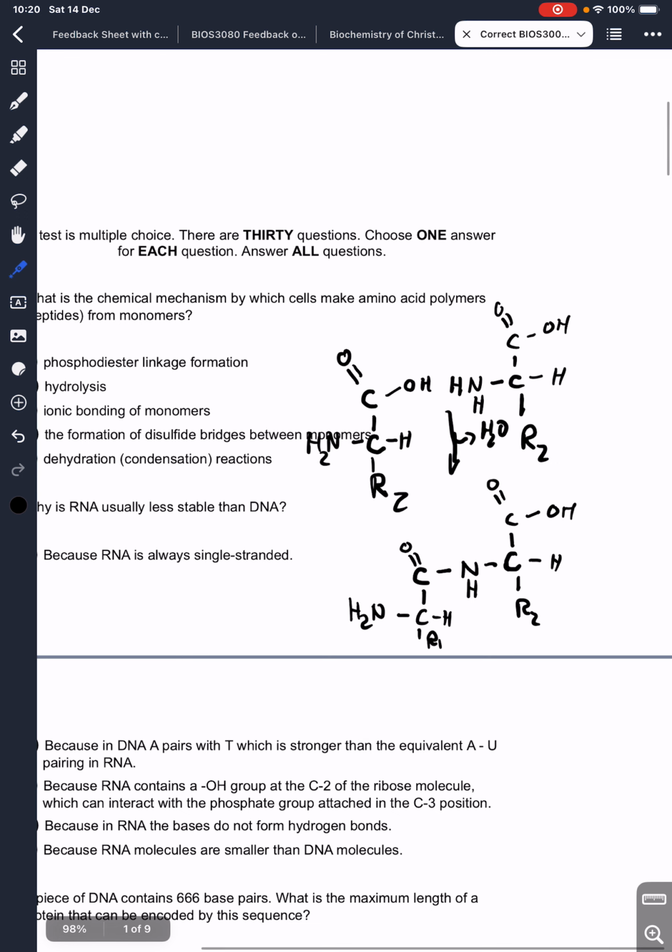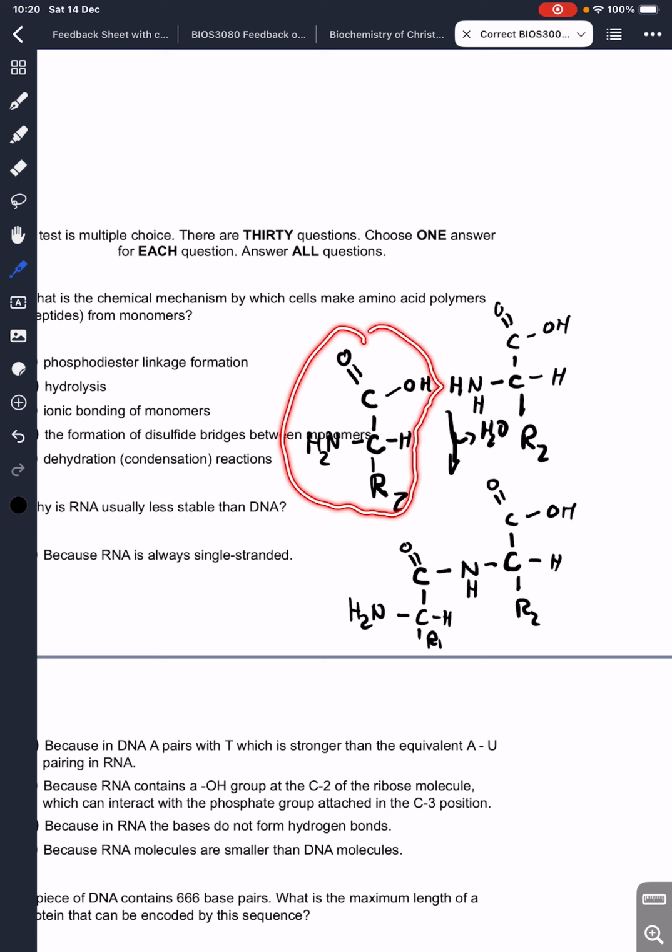So if we just quickly recall what this mechanism is. We've got an amino acid here and a second amino acid here. The acid function and the amino function react with each other and form this peptide bond, and at the same time we release water.